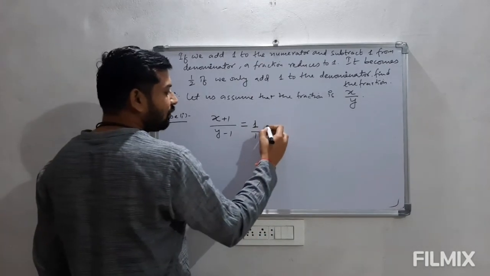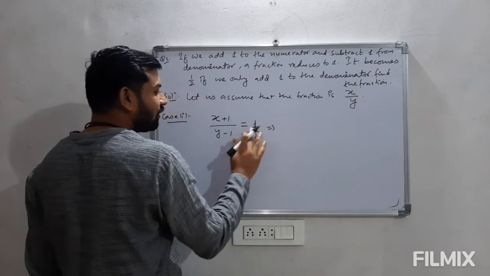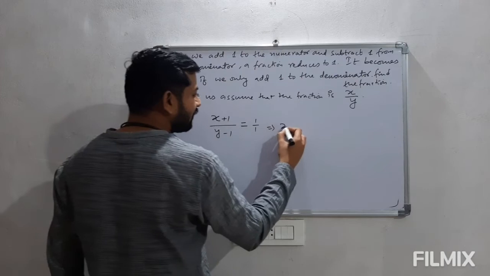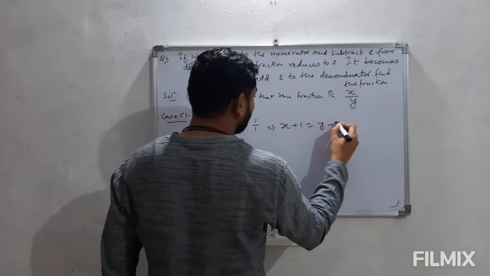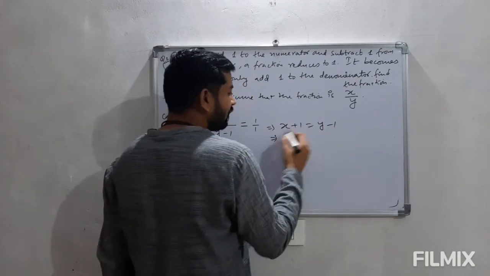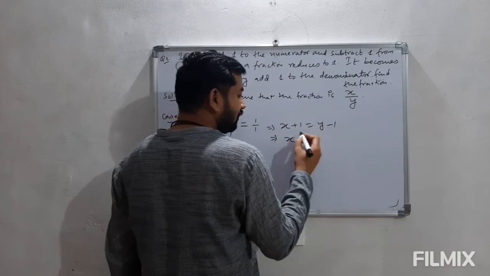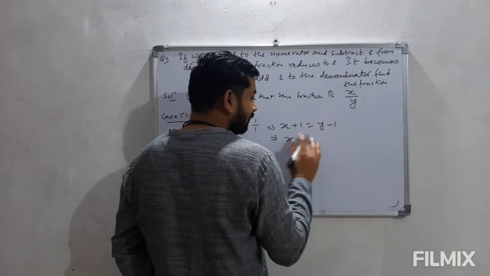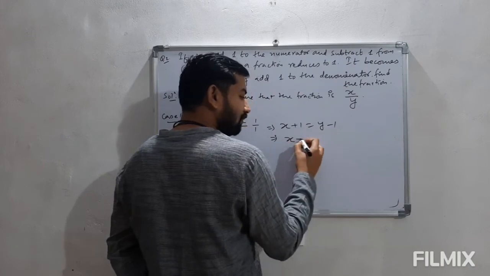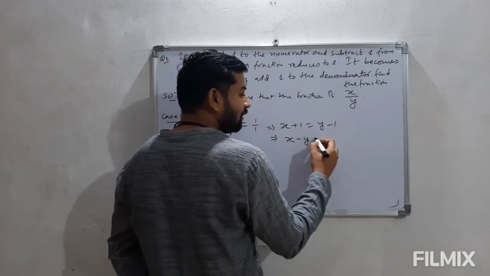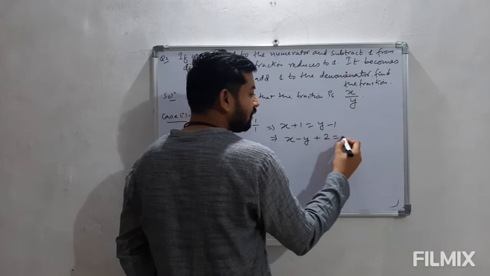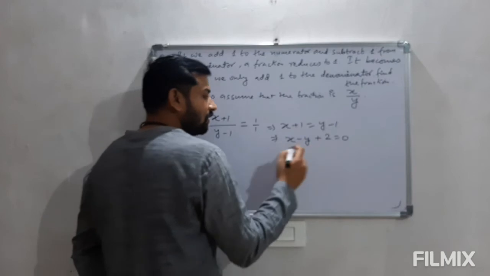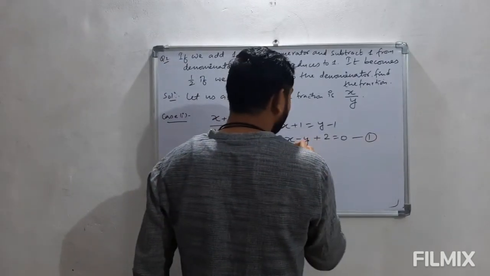We can simply cross multiply here. 1 can be written as 1 upon 1, and we cross multiply it, so we get x plus 1 equals y minus 1. If we rearrange this, we bring everything to the LHS, we get x minus y plus 2, since minus 1 will come here, so it will make plus 2. So this is the first equation we are getting over here.